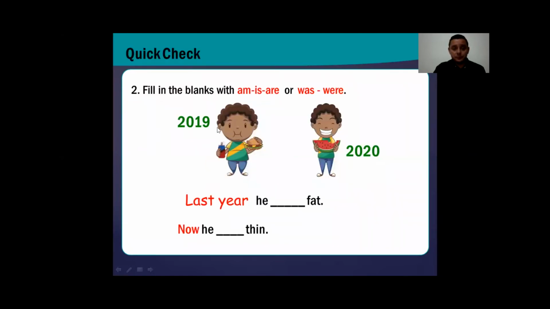Another one, 2019 and 2020. Last year, was or were, we have to use. So last year, he was fat. But now, in 2020, he is thin.